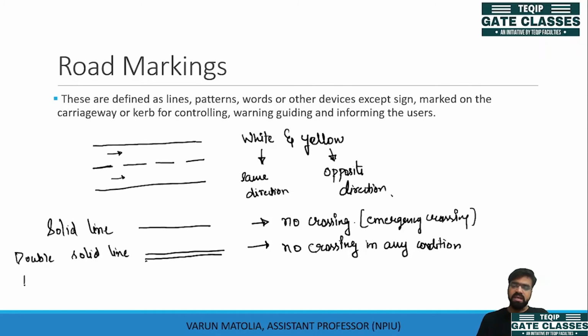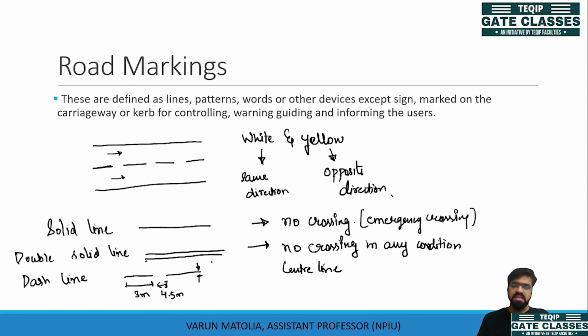Then we have the dash line. There are two types of dash line. One which we see as the center line of the road. This is also the center line. The length of this dash is 3 meter, and the spacing, I have shown it less, but it is 4.5 meter.